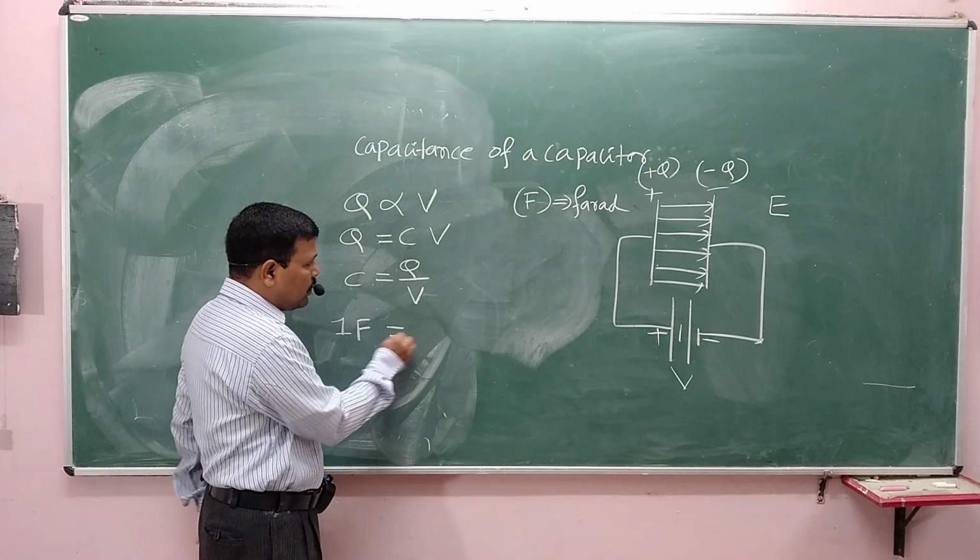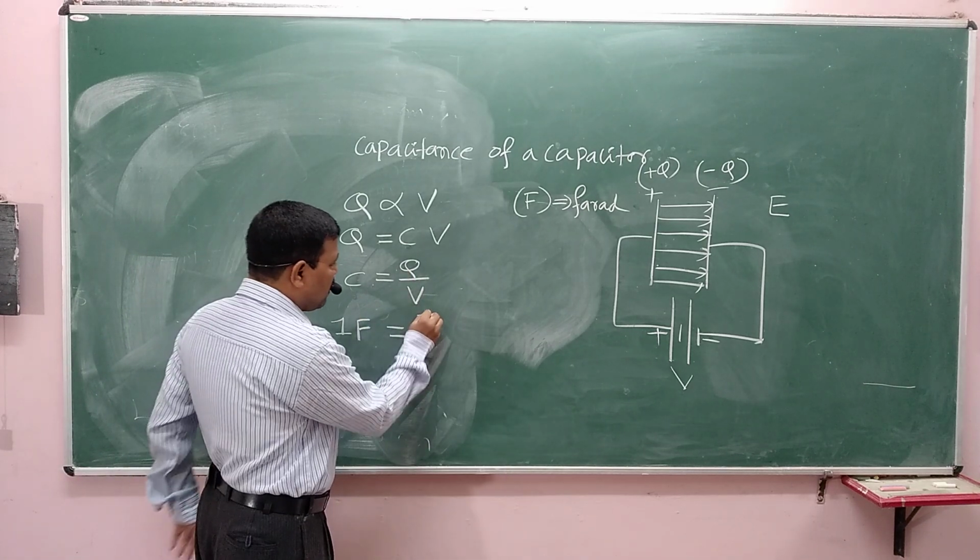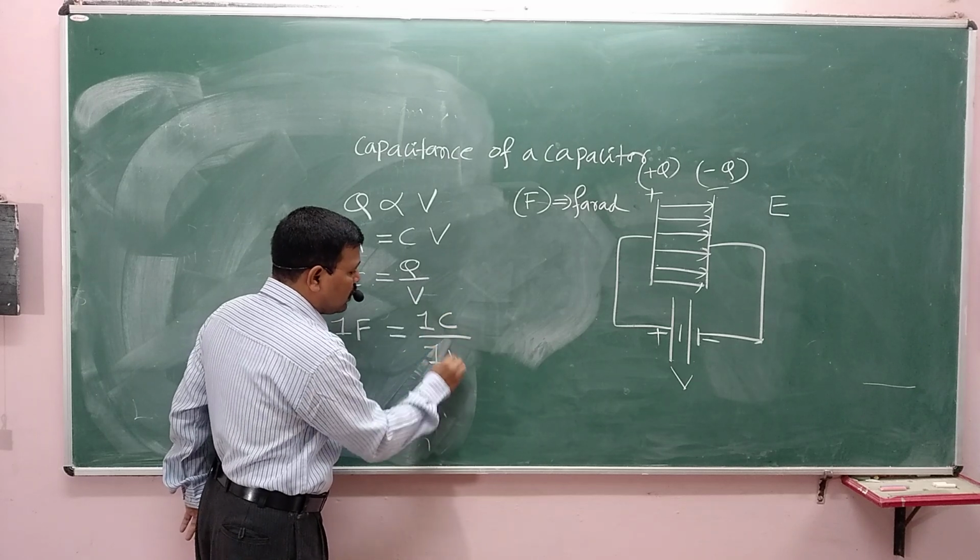1 Farad is equal to 1 coulomb by 1 volt.